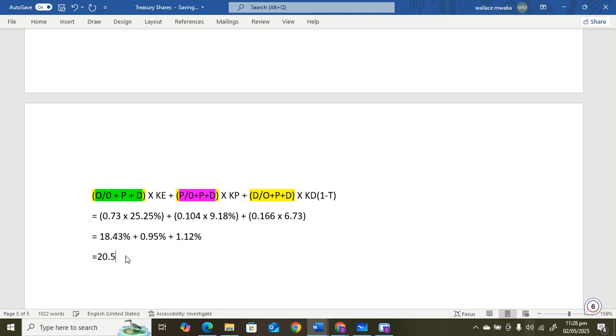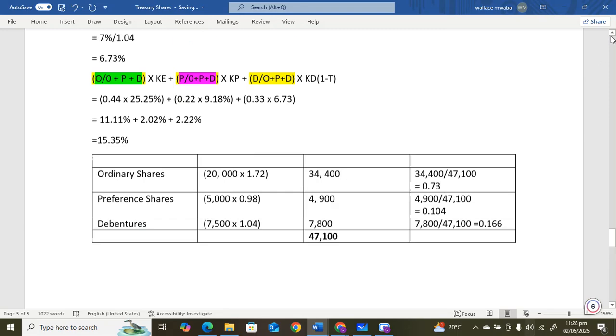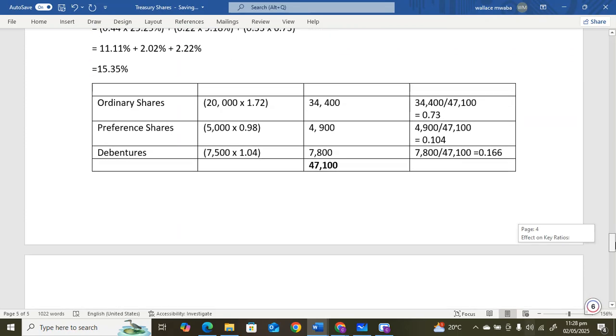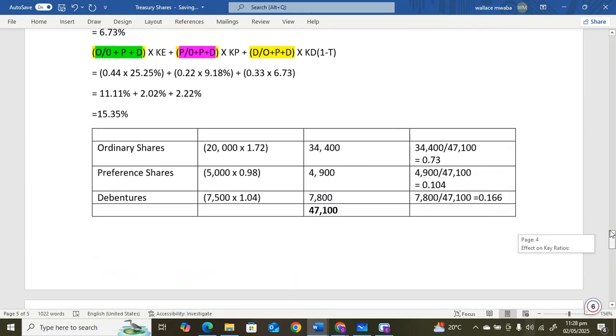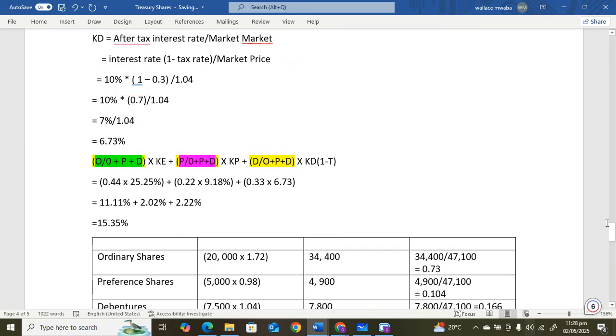So currently, this is the minimum return that will make the providers of capital happy. Historically, using book values, because book values are based on history, on the past, this was the minimum return that would make the providers of capital happy.